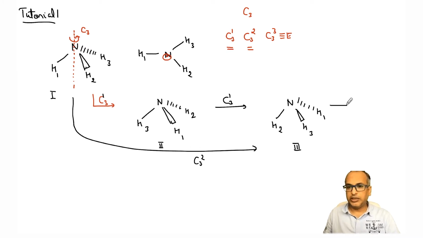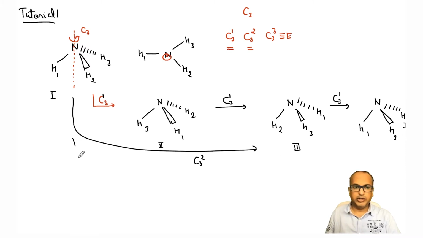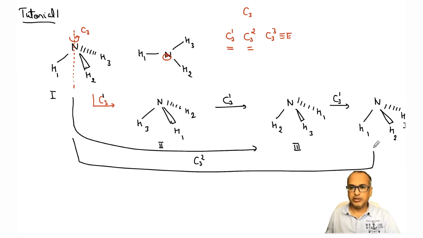If I do C3 one more time, what do I get? I get 1 here, 2 here, and 3 here.